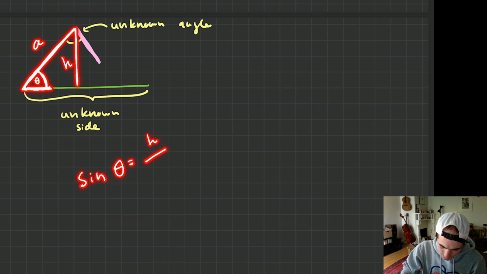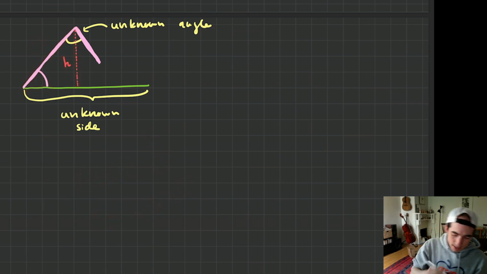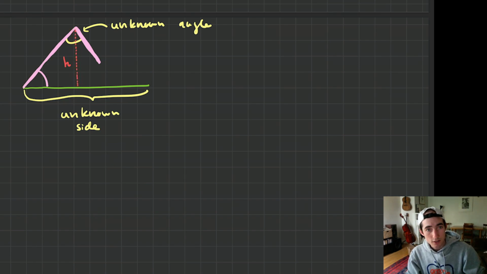So opposite in this case is h, hypotenuse is a. So h is equal to a times sine of theta. So h is something that we can calculate and is not going to change. Even though there's a lot of unknowns about these triangles, the height of the triangle is something that is known.